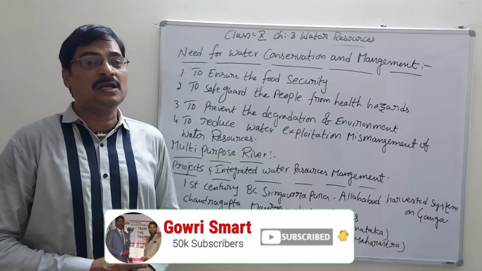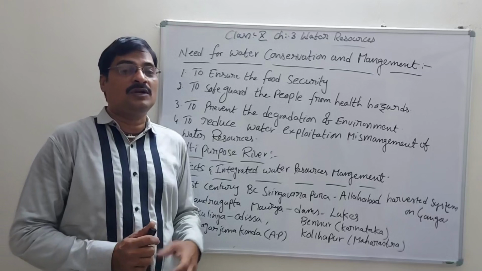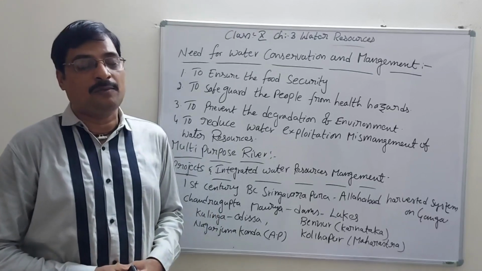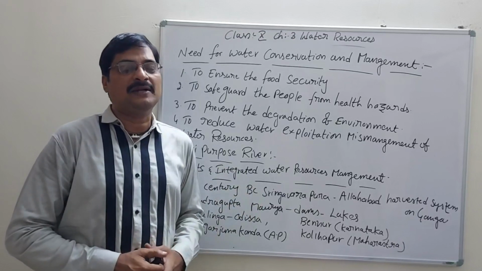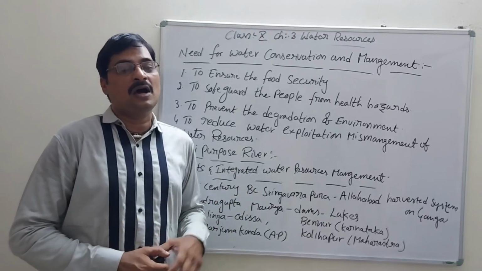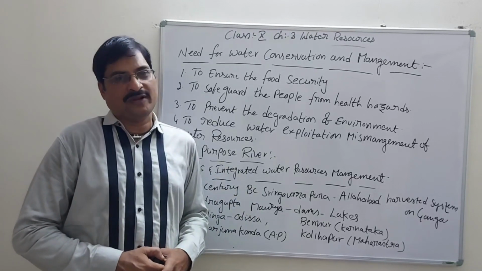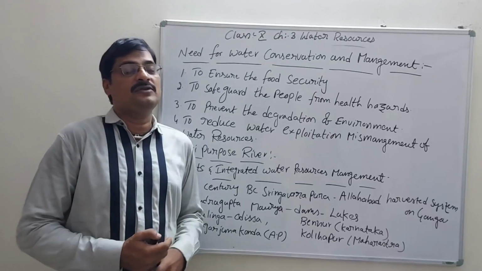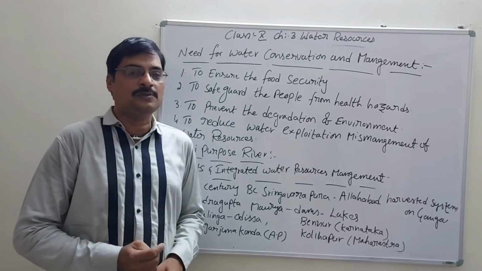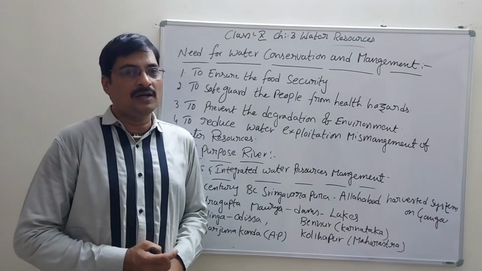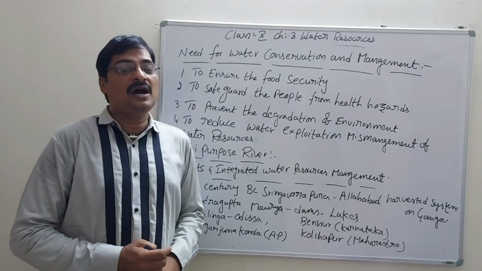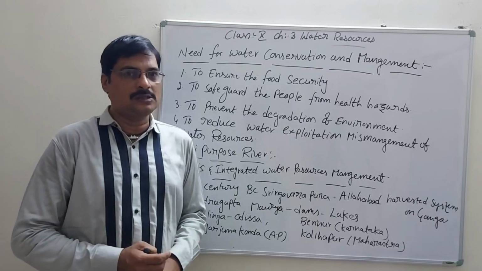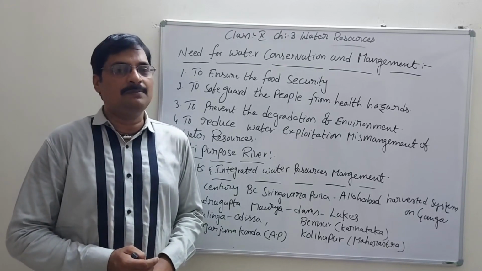Water purifies whatever is in our body, and all the dust particles are removed from our body through urine and sweat. So how is it possible? It is possible by drinking water only. That means water is removing our health hazards also. So we need water compulsorily.